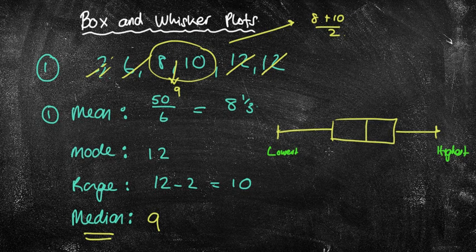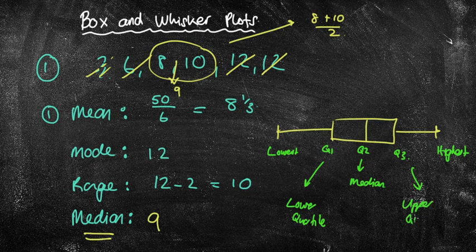It will contain what we call Q2, which is known as the median, which we just did. It also has Q1 and Q3, which are often referred to as the lower quartile and the upper quartile.